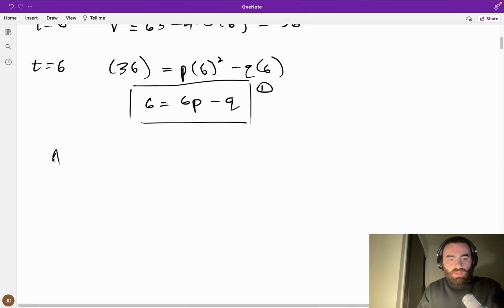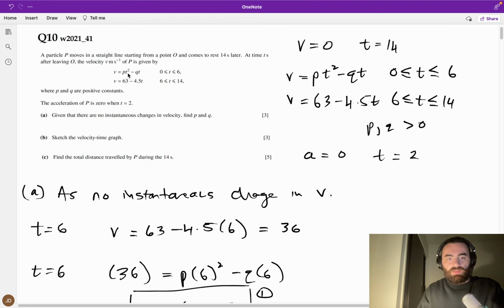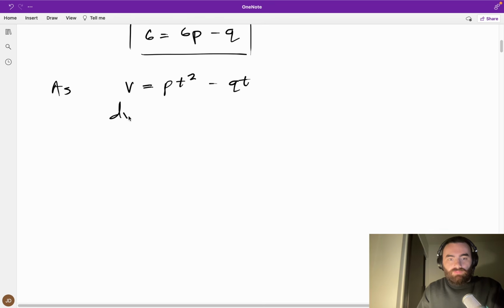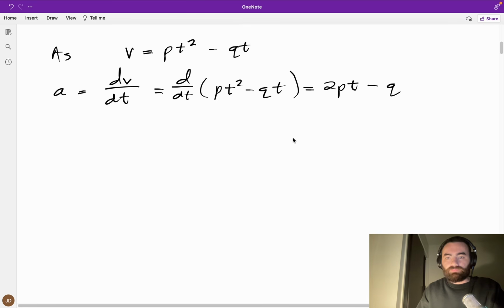Well, as v equals pt squared minus qt, dv by dt is equal to the acceleration. So the acceleration is the rate of change in velocity, or the differential of velocity, and this equals d by dt of v. From basic differentiation, this will be 2pt minus q.